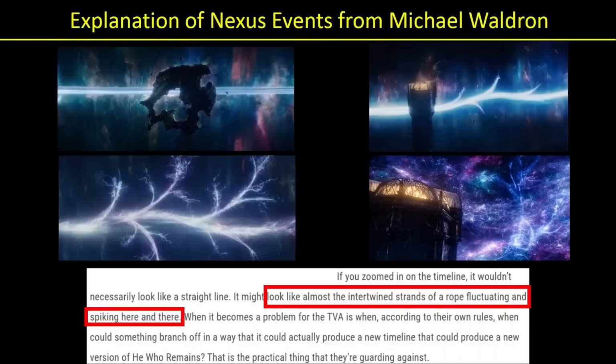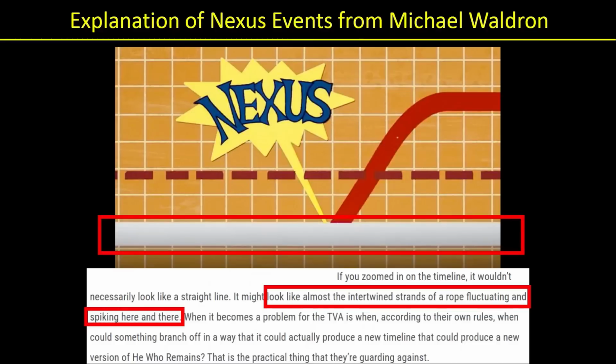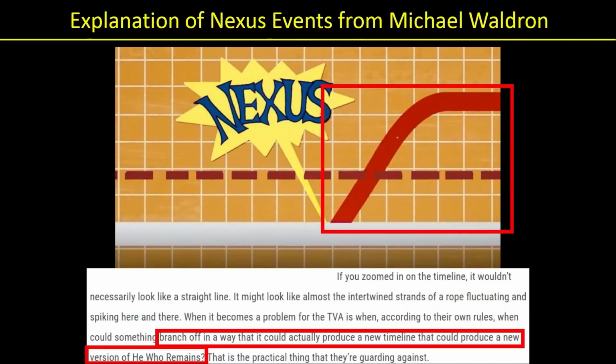But here's the key. Now look back at the first image, and you can see clearly that a timeline is represented by a thinner line, and there's multiple of them there. So that's why he's saying there was a multiverse before He Who Remains, and it's intertwined strands of rope. But here's the key. Those intertwined strands of rope are safe. The problem is, anytime a new He Who Remains, a new Kang, could be created, that's a Nexus event they have to clip.